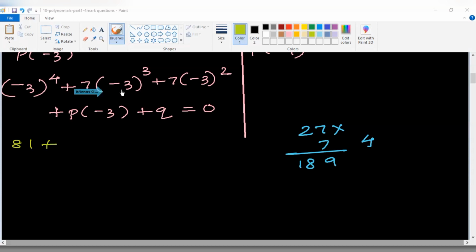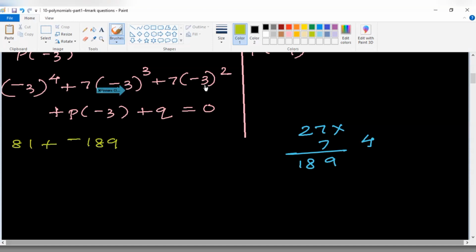And see here, a negative number is multiplied 3 times. A negative number raised to 3 is finally negative, since the power is odd and the base is negative. So it is minus 189.